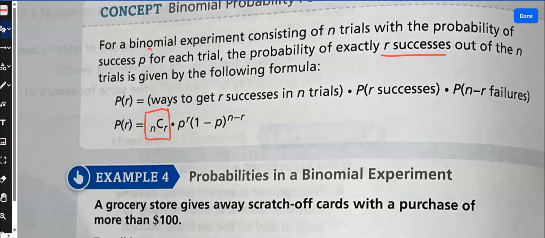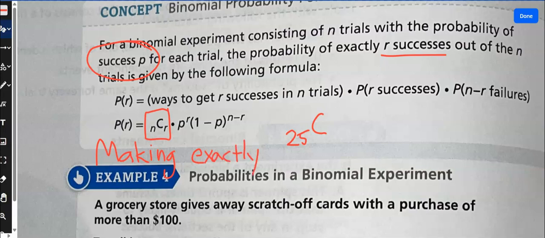So P is the success probability. Let me give you an example. I'm going to shoot 25 free throws, and I want to know the probability that I'm going to make exactly, and that's a key word here, exactly.